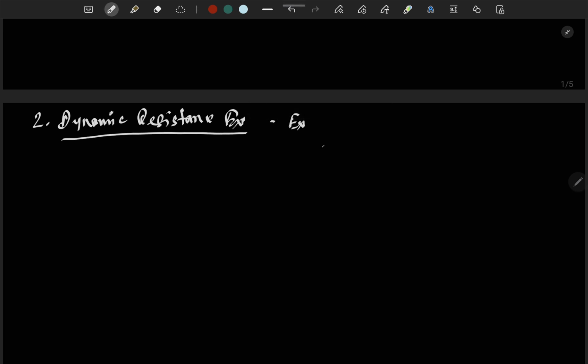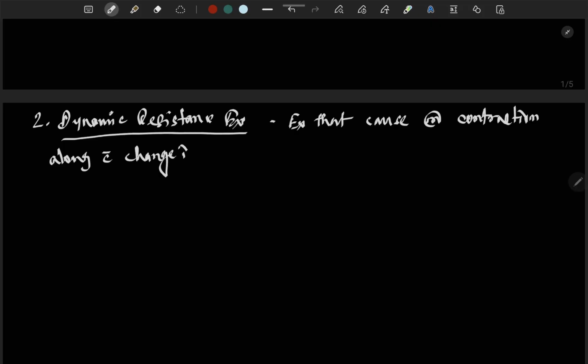That causes muscle contraction along with change in muscle length.